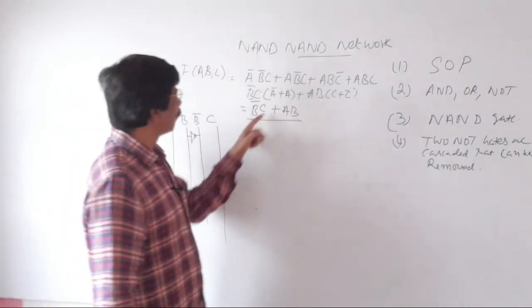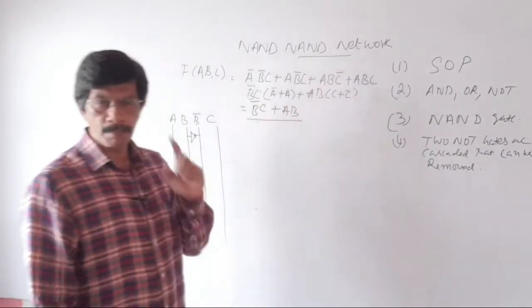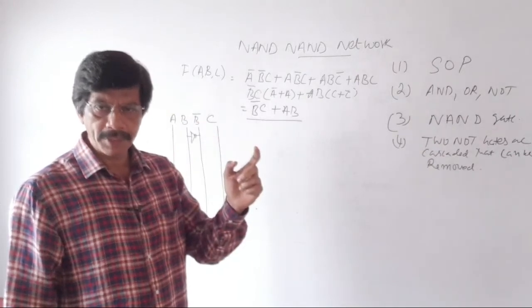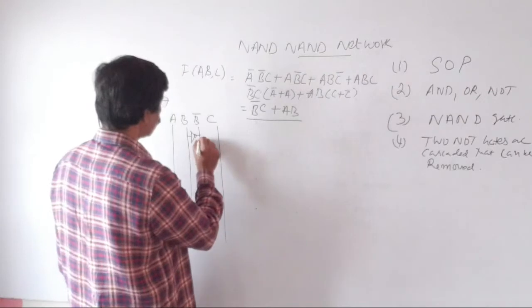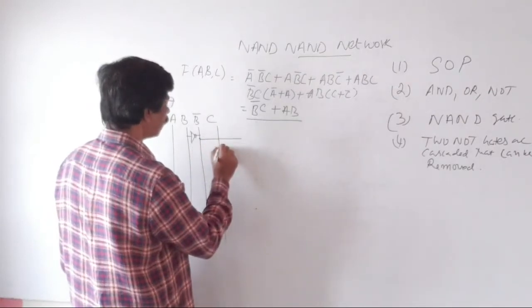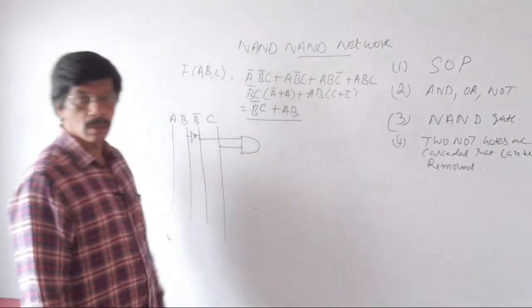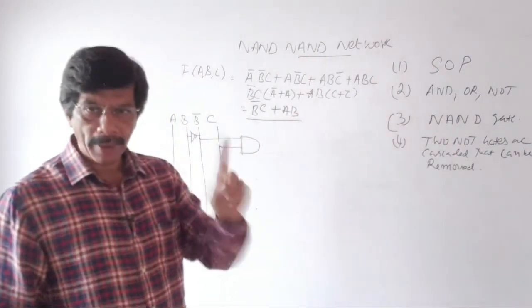The first term in this equation, B bar C, is generated with the help of one AND gate. Take one line from B bar, one line from C, put one AND gate. For AB, you need one more AND gate.